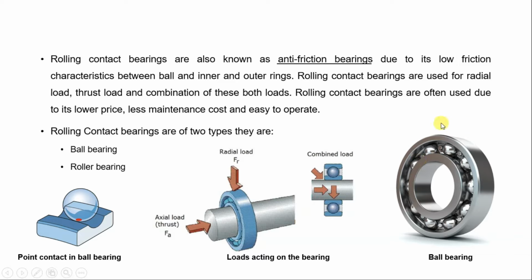So how are these bearings installed on a machine? Inside this inner race, the shaft is inserted, and the outer race is assembled with the frame of a machine.